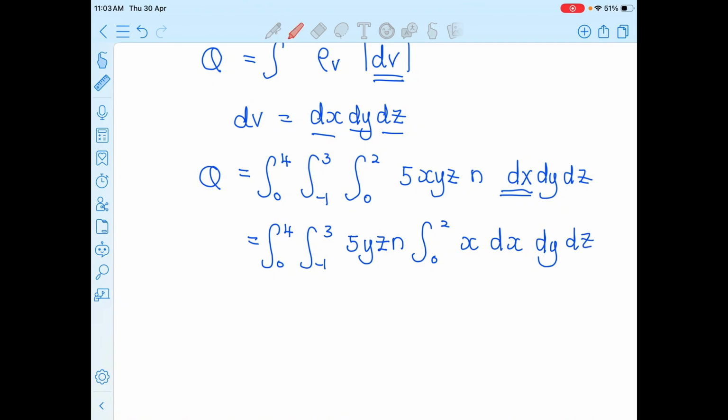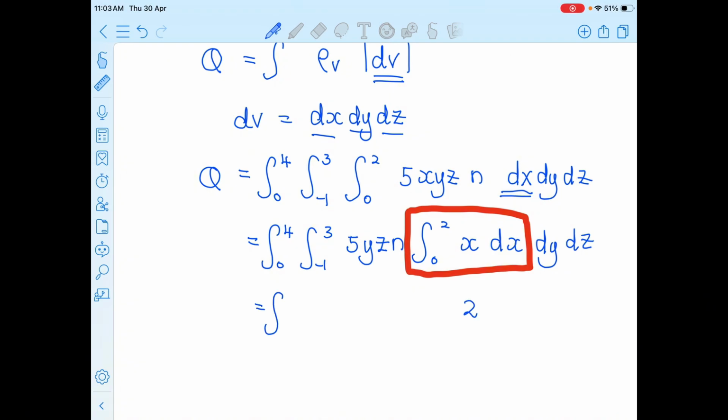Now we can perform this integration using our calculator to get a direct answer. From the calculator, the value is 2.